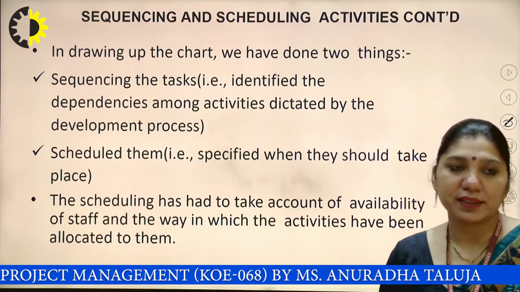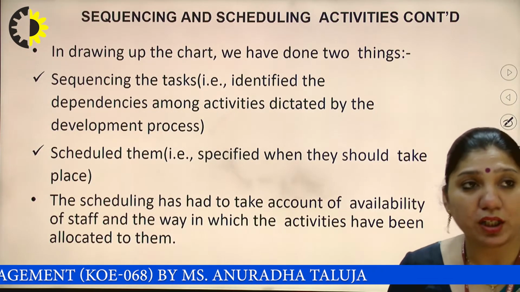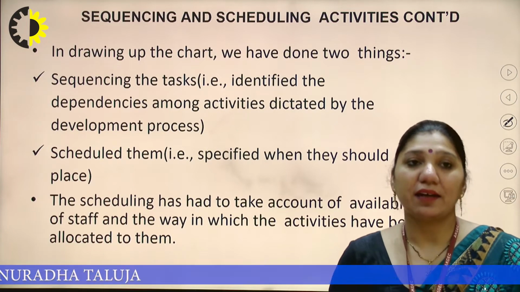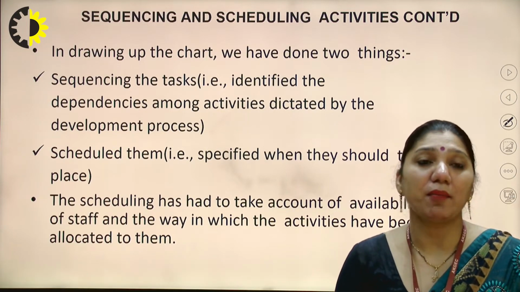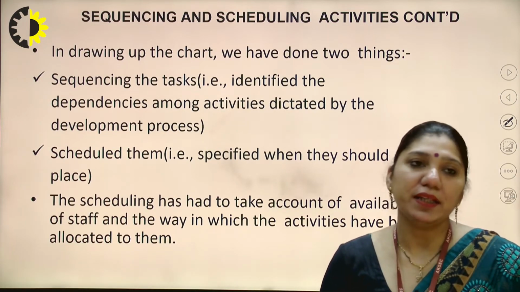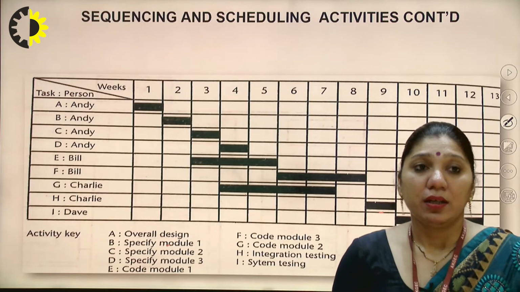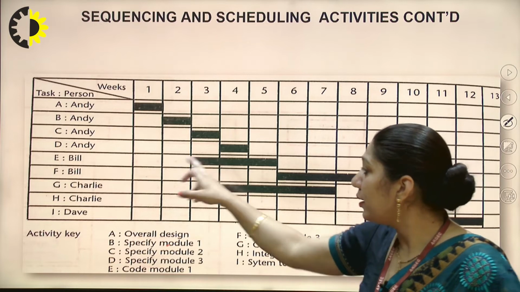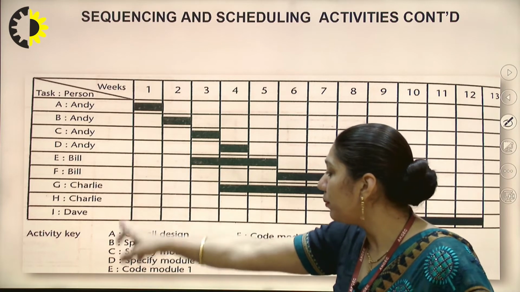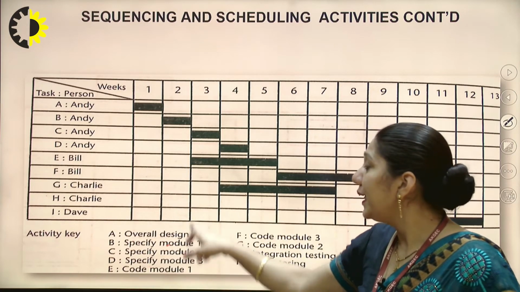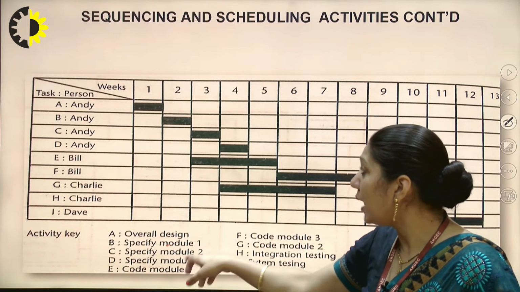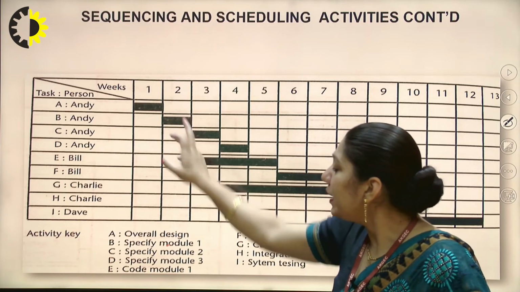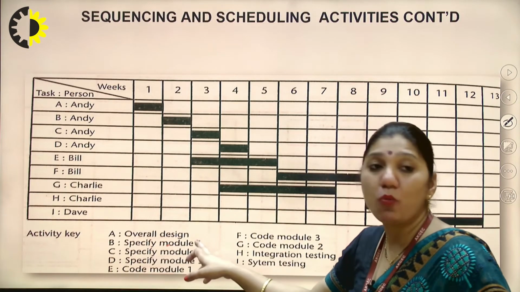So what it says is that in drawing up the chart, we have to do 2 things. First is the sequencing of the tasks. That is, identifying the dependencies among the activities dictated by the development process. See, in this picture, Bill cannot start code module 1 until Andy does specifying module 1.